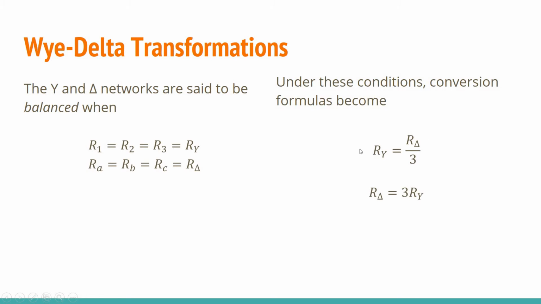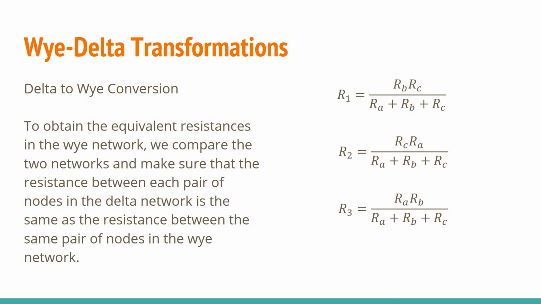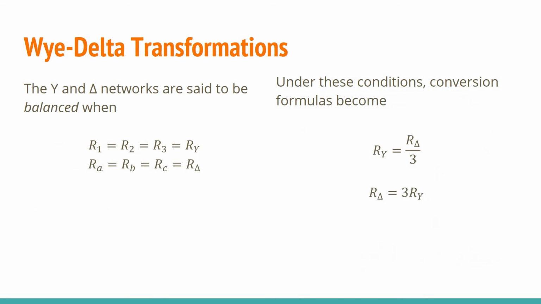So, mao na siya ang simplified nga form atong mga unang equation para sa Y to delta o delta to Y. So, applicable na nga equation kaning simplified nga equation given nga ang resistances sa network is equal. So, kung sa Y, equal ang R1, R2, and R3.